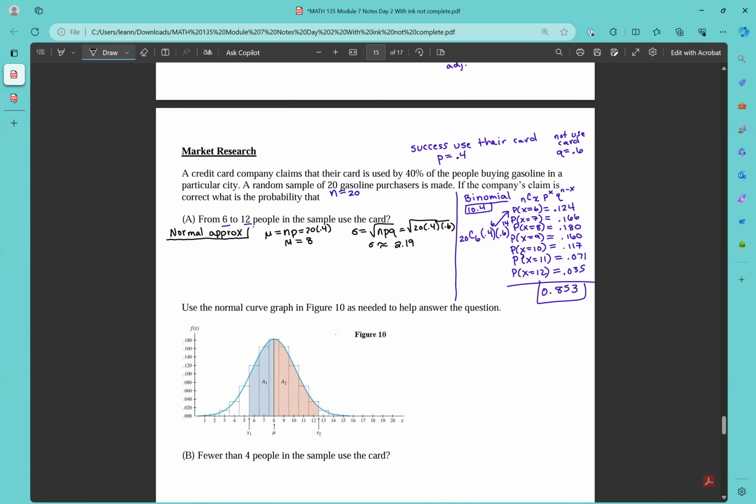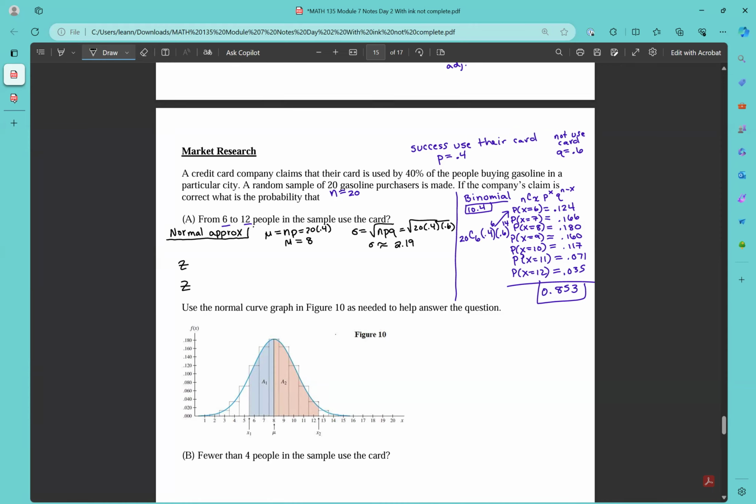Now, before you can do your z-scores, because I need a z-score for the left endpoint and the right endpoint, because I'm doing from 6 to 12. Because that's their binomial values, look down here. So if you imagine the binomial being here, the binomial goes, remember, from 0 to the number of trials, which is 20. They set up the histogram bars here.